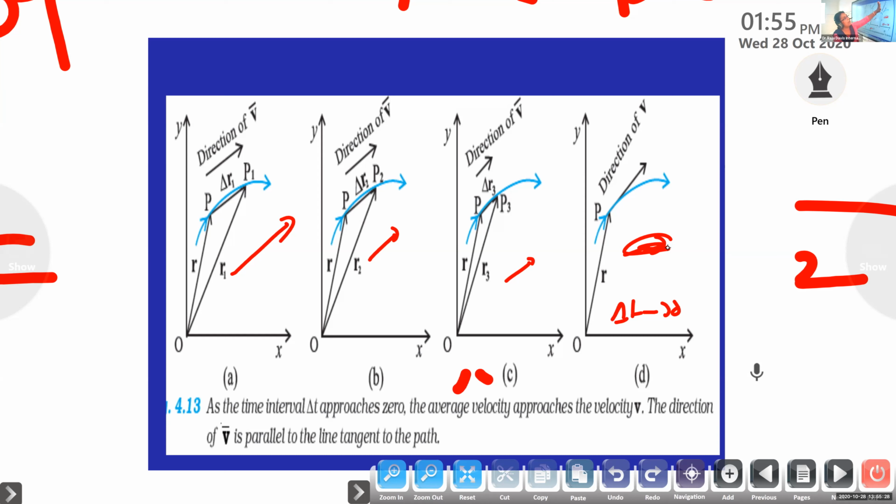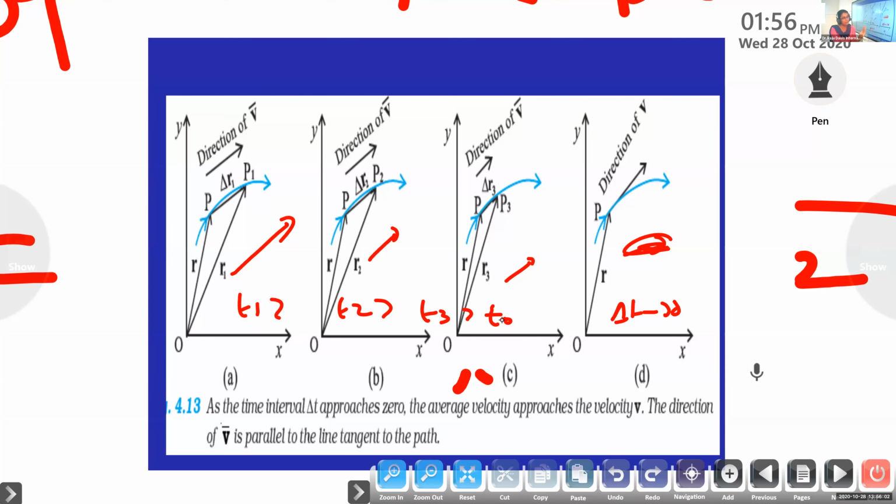So this is how we depict instantaneous velocity in the vector picture. Here t1 is greater than t2, greater than t3, greater than t0, so delta t tends to 0. According to time, the resultant change in displacement goes on reducing. Now instantaneous velocity you can depict at a fraction of a second.